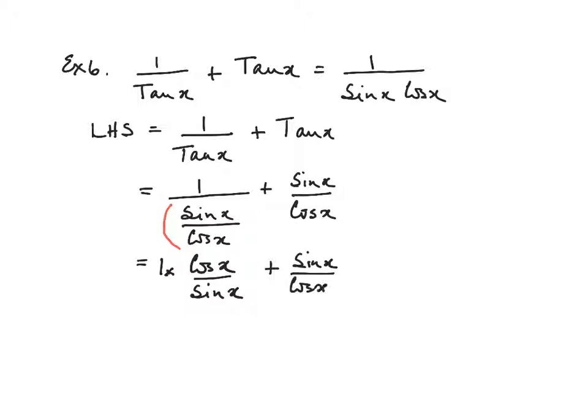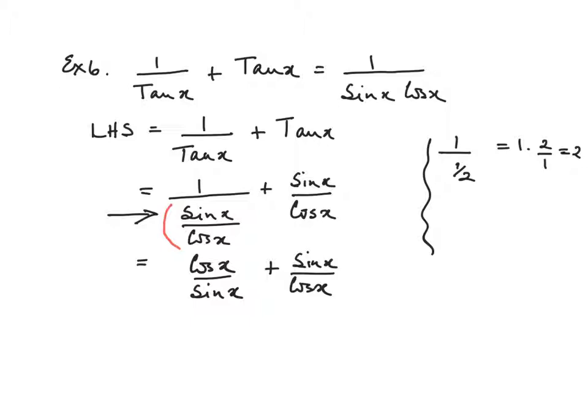Now just to tidy things up, I'm going to get rid of this 1 multiplied by. We don't need that. So 1 over sine over cos is cos over sine. In the same way that if we had a fraction, let's take a nice simple fraction, 1 divided by a half is 1 times 2 over 1, which is 2, which is to say there are 2 halves in 1.